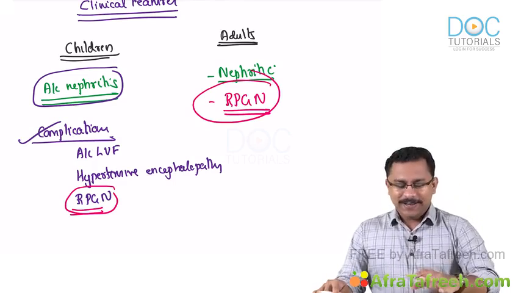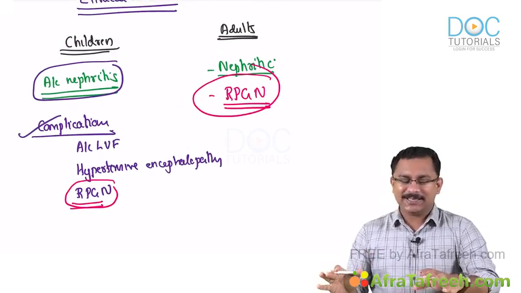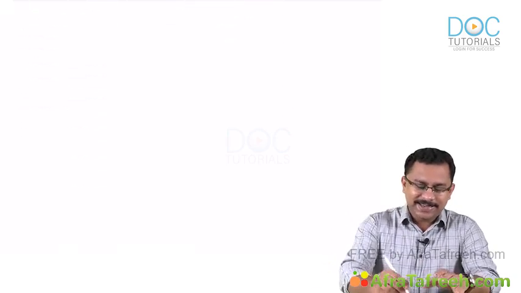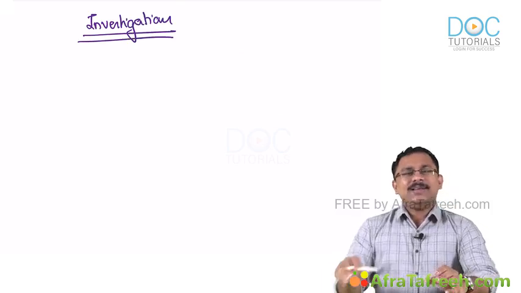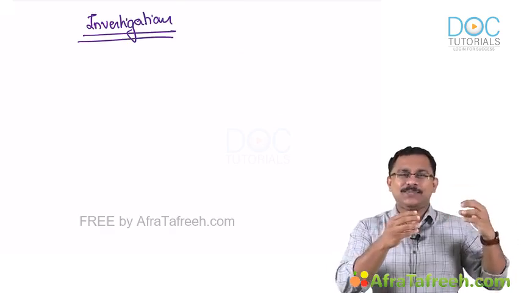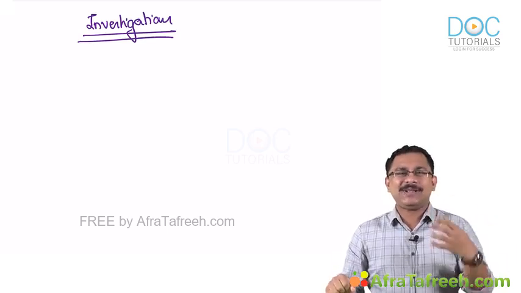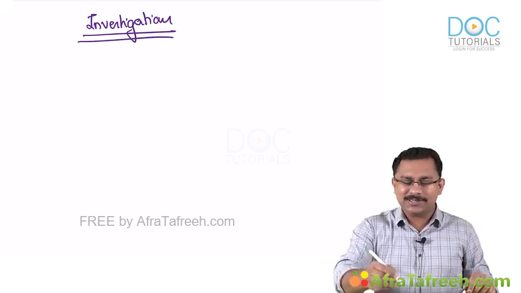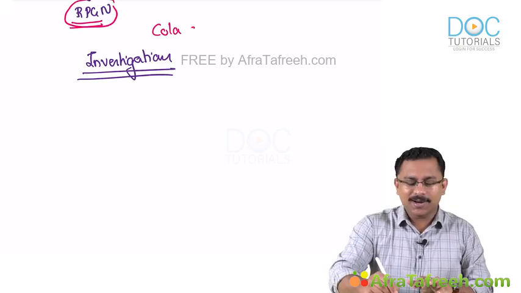Now after having understood the clinical presentation, let's see the investigations. You might have, say, a child who developed a streptococcal infection, maybe a pharyngitis 3 weeks back, now presenting with cola colored urine, because often in the history they might give you this term, cola colored urine.